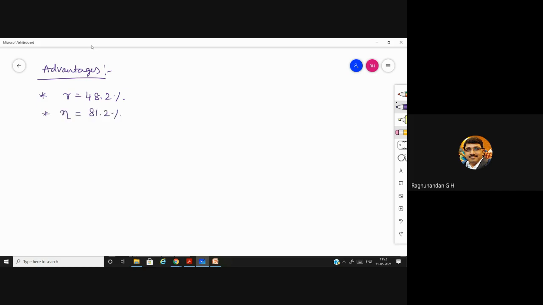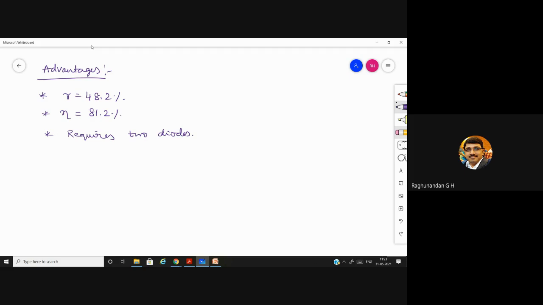Here it is 81.2%, whereas in that case we had very less, 40.6% efficiency, so exactly half of it. So it is a good improvement, and it requires only 2 diodes, because in the bridge rectifier we need 4 diodes. Considering that, this is simple because it requires only 2 diodes.